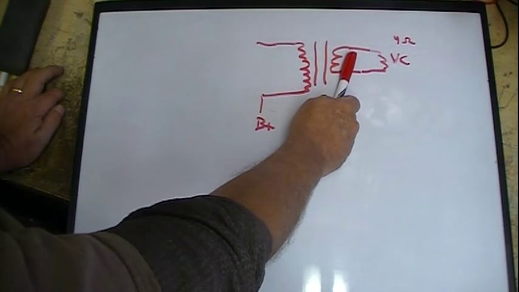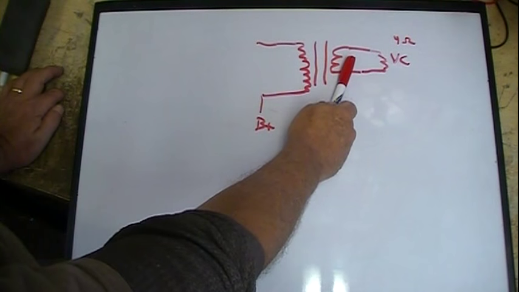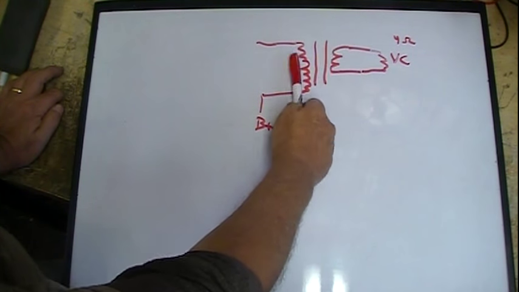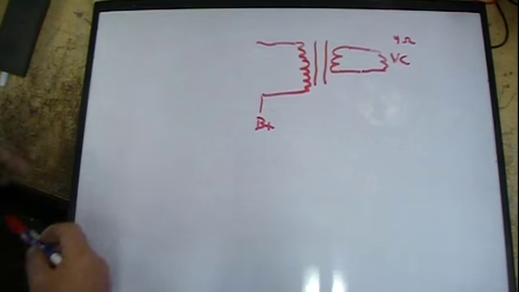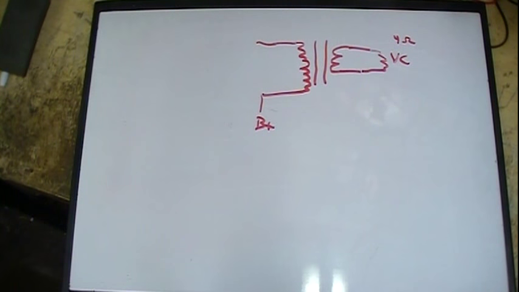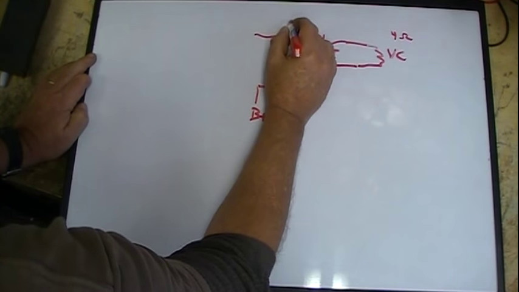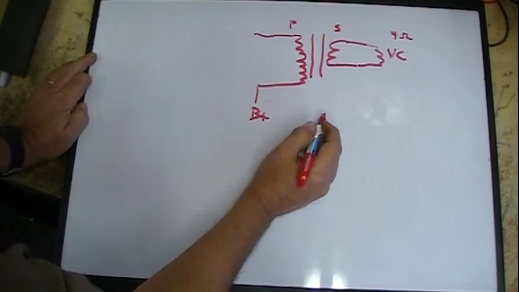The impedance will follow that turns ratio. So going back this way, we're stepping up, so it steps up the impedance. Now there's a nice little formula for that. We call this the primary and secondary.